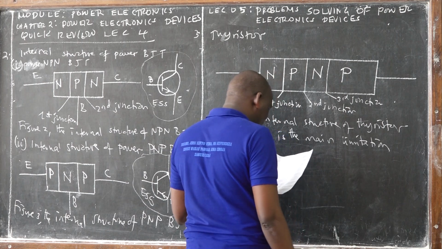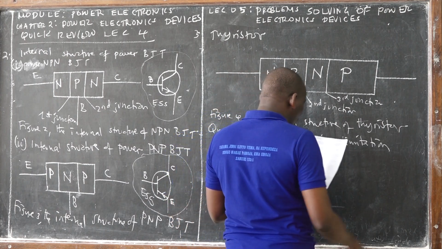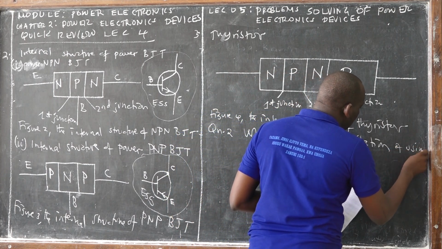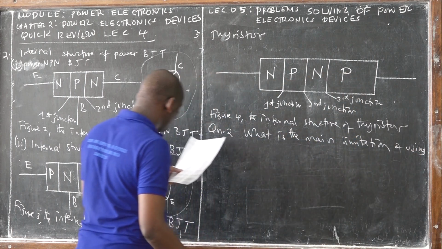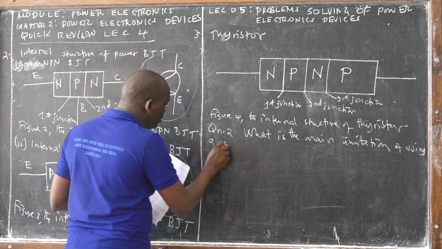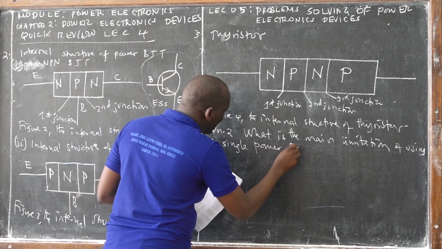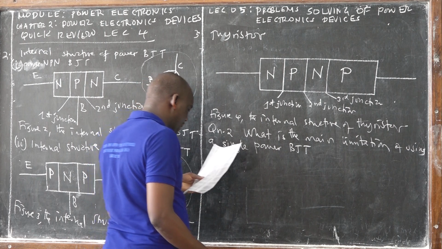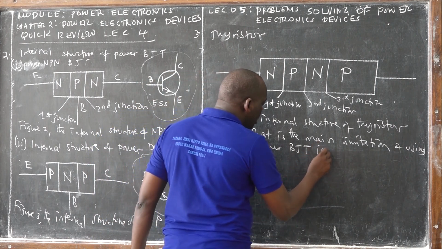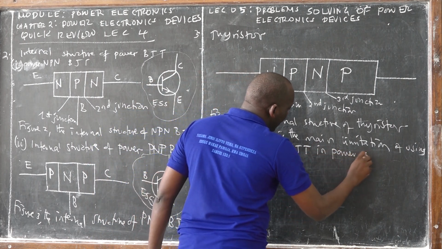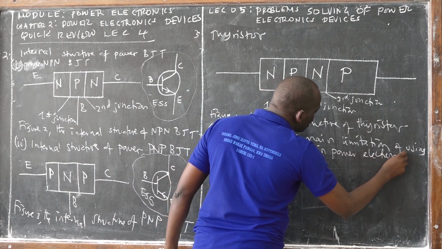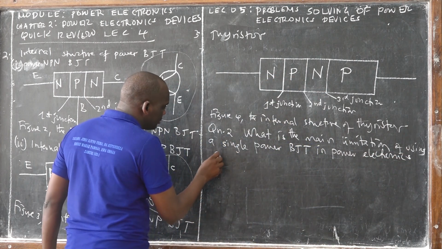What is the main limitation of using a single power bipolar junction transistor in power electronic circuits?